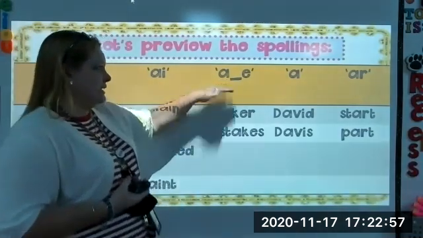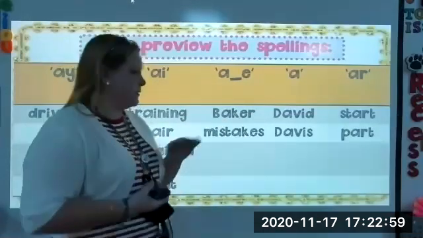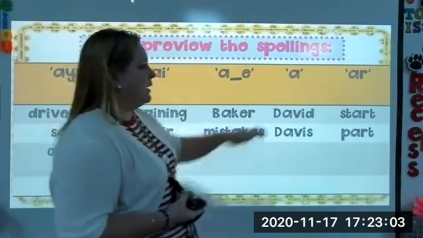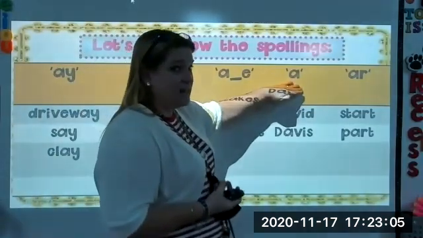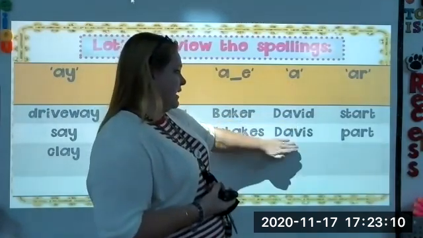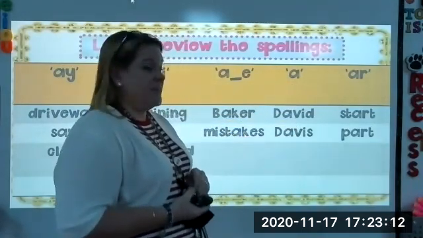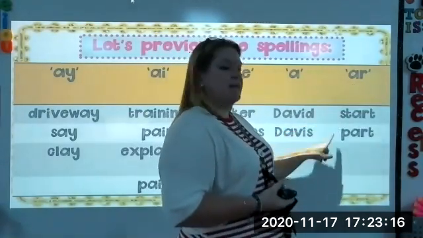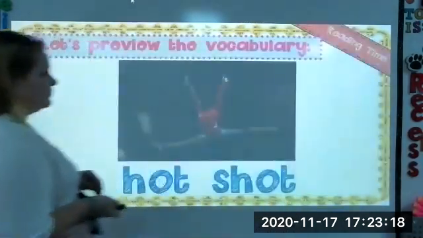We have the AE spelling for A in baker and mistakes. And then we have just the letter A to make the A sound in David and Davis. And then we have the R sound in start and part.